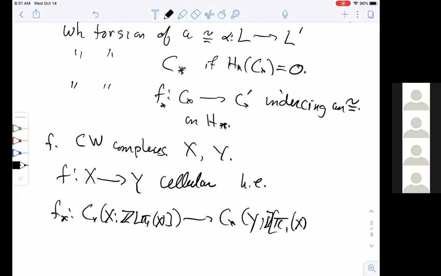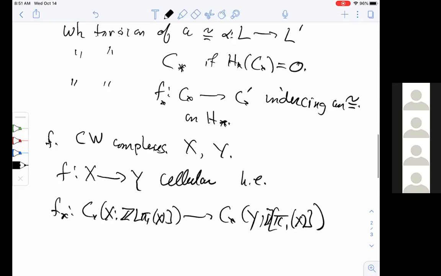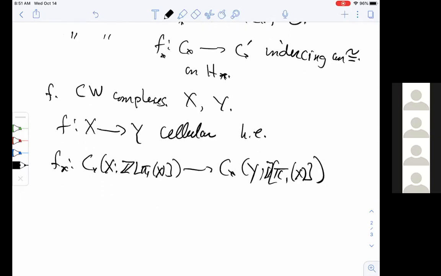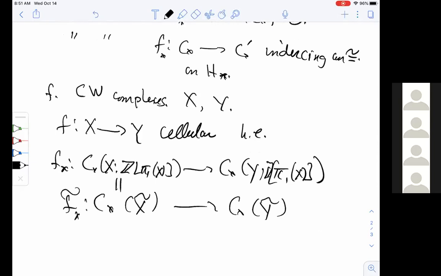The fundamental groups are the same, so let me just call it X. And since f is a homotopy equivalence, these chain groups are also the chain groups of the universal covers. And this is the map induced by some universal cover of f.